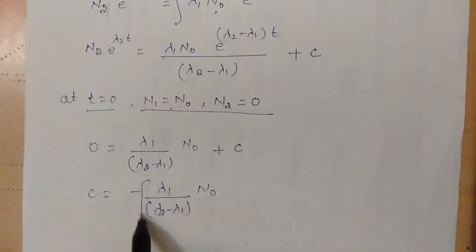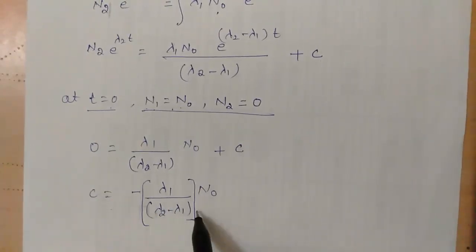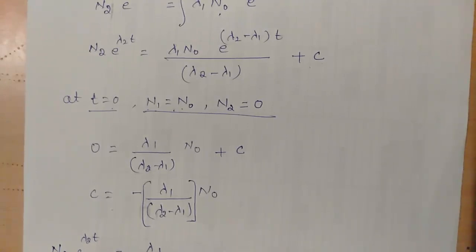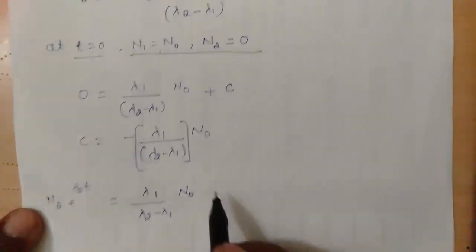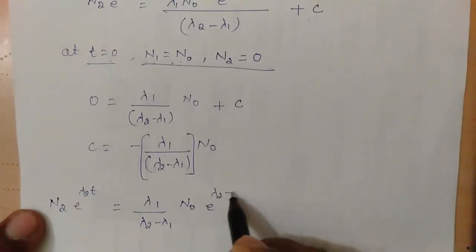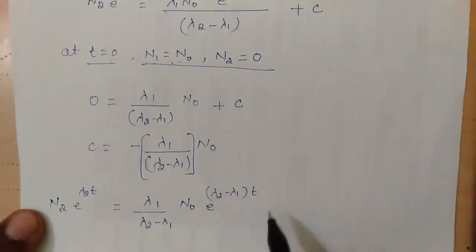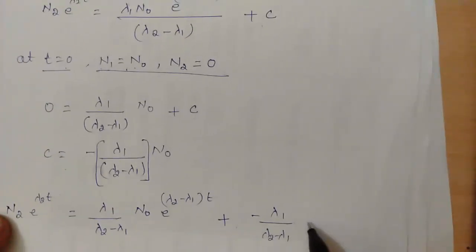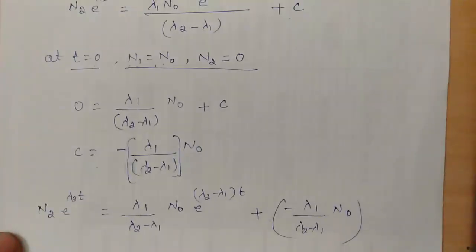Now substitute the value of this constant of integration in this equation. We get N2 e^(λ2 t) equal to λ1 divided by (λ2 − λ1) into N0 e^((λ2 − λ1) t) plus minus λ1 divided by (λ2 − λ1) into N0.